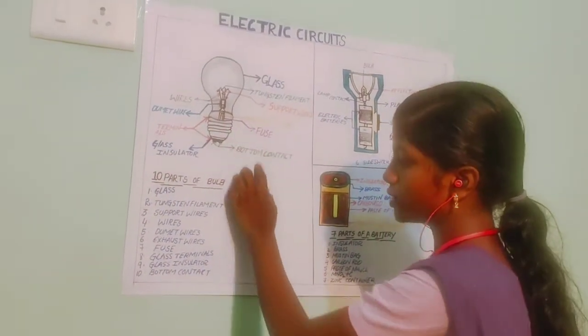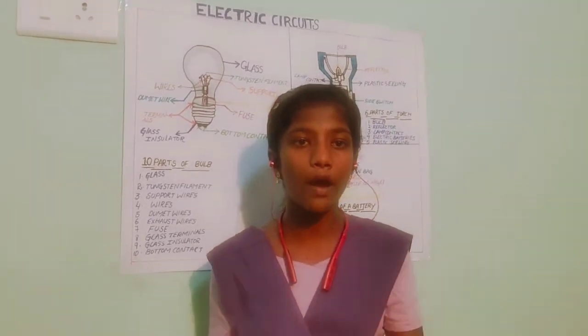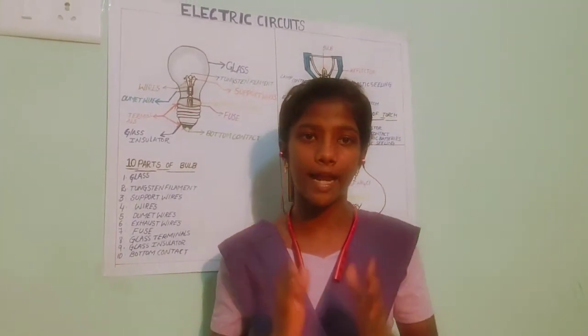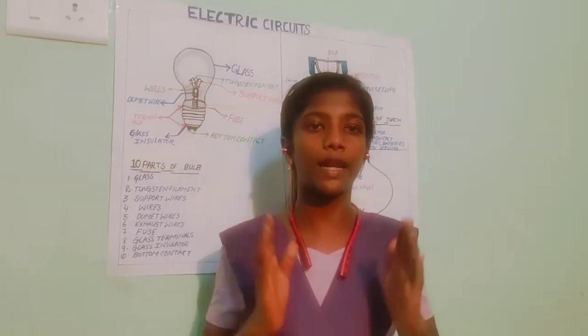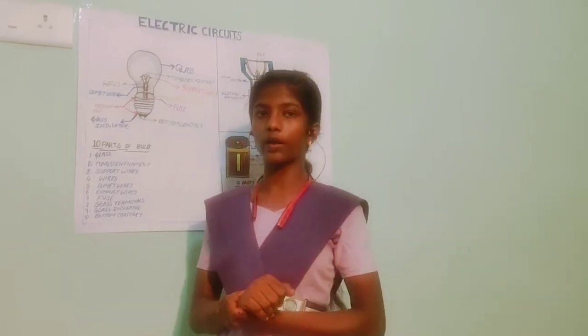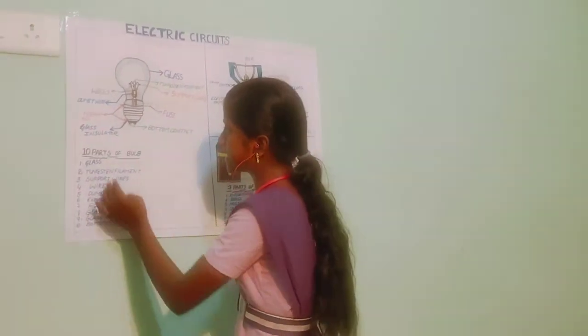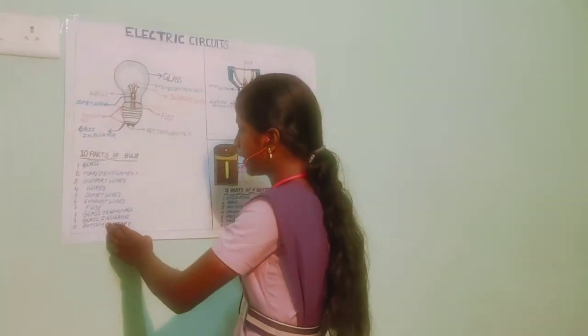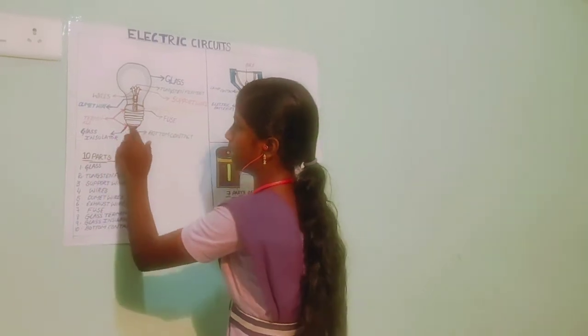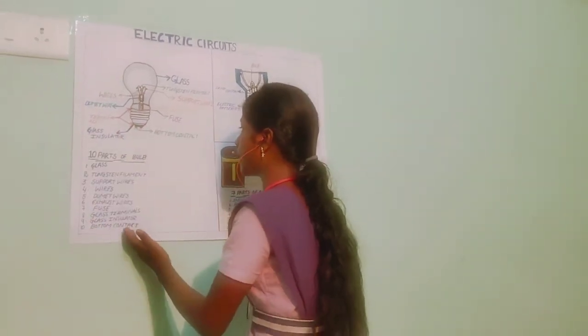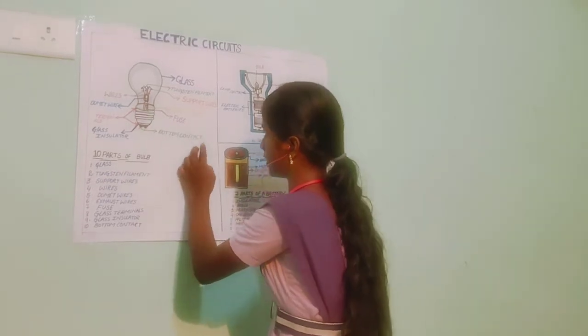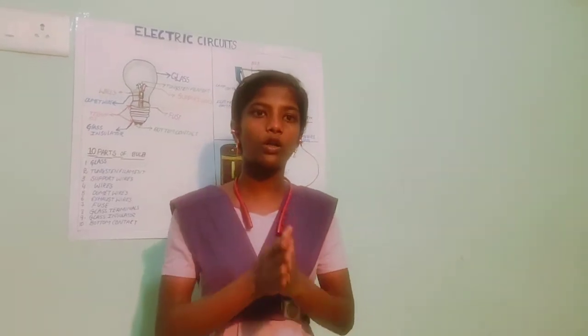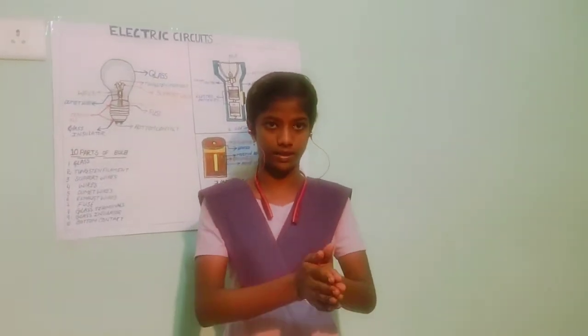This is the fuse. You know that when we have the fuse, only then can you provide electricity to the bulb. Are you sure to learn this? Okay. And glass terminals. These are glass terminals. And glass insulator. And bottom contact. Okay, do you understand about the bulb and its parts? I hope you understand the bulb parts.